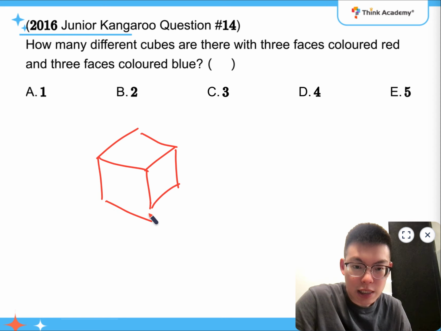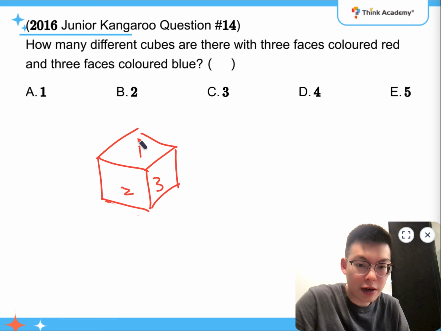So there will be 6 faces for a cube, right? And of course, the first possibility is that I can color all 3 faces that I can see. So that's one of the possibilities.